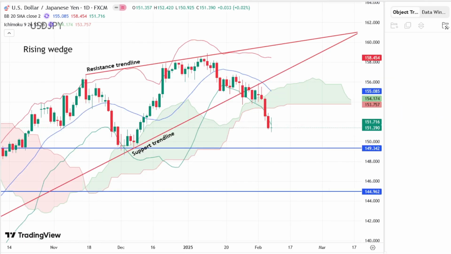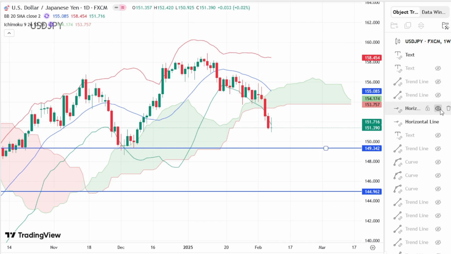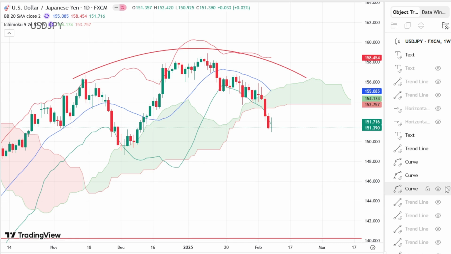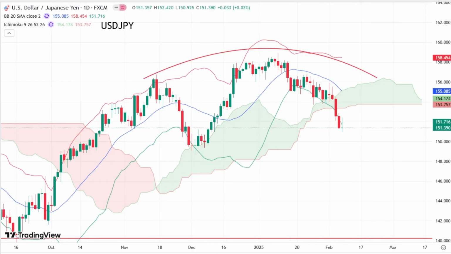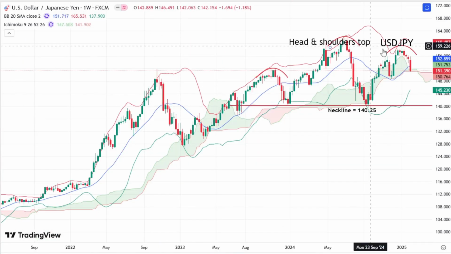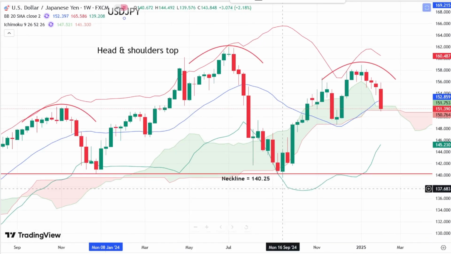Switching to a weekly chart, I want to highlight that dollar yen may also be forming a bearish pattern on the weekly chart, a head and shoulders top. And it looks something like this. Just stretched it.